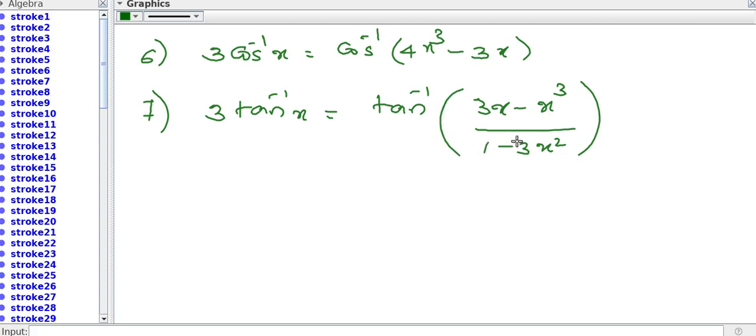It's also a very important one, but you can do it by yourself. This gives some indication in your mind, because there is a formula for tan 3 theta. Tan 3 theta is 3 tan theta minus tan cube theta divided by 1 minus 3 tan square theta. If you have an idea of that formula, then you can do this problem in a very simple manner.